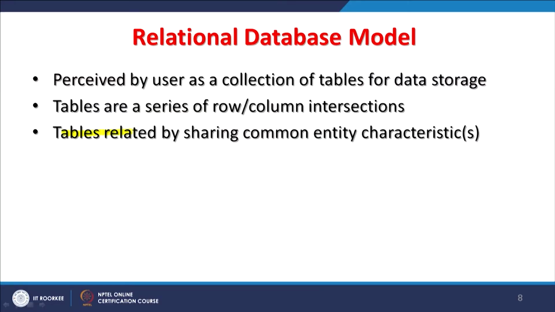This is a very important point, and that is why it is relational. The word relational is coming from that, which is the key here. Suppose I have two tables, a data set of, say, villages of one state, and I have a data set of villages of another state, or maybe some other similar kind of thing.